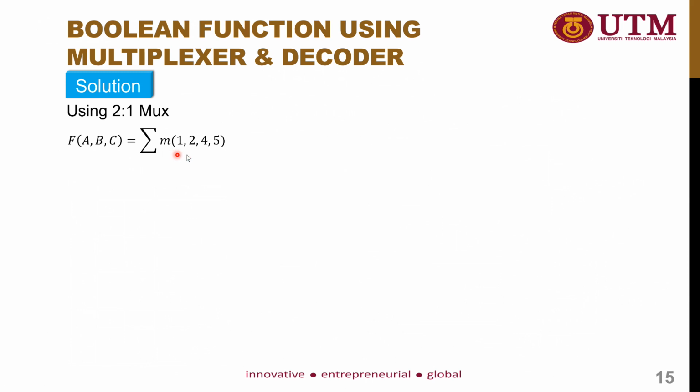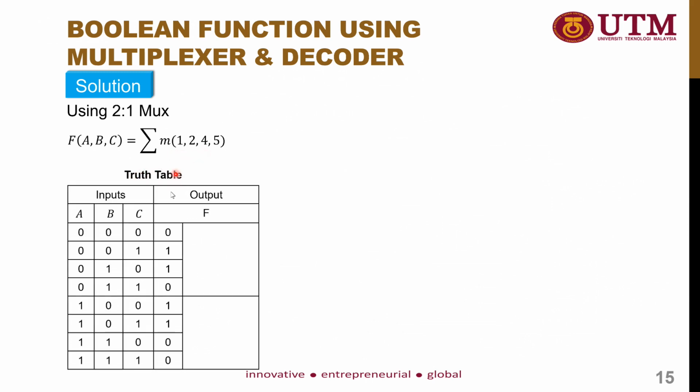As we are using the same expression, we will get the same truth table with the same output F. But this time, you need to reduce the number of inputs into only one input as the 2 to 1 multiplexer only contains one selector. So you need to merge inputs B and C inside the expression of output F.